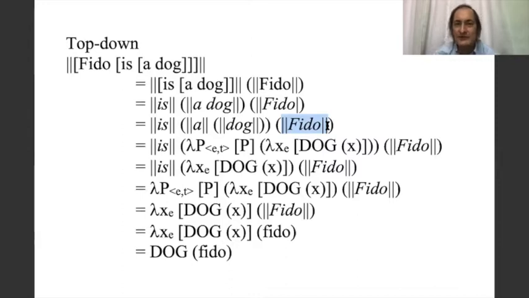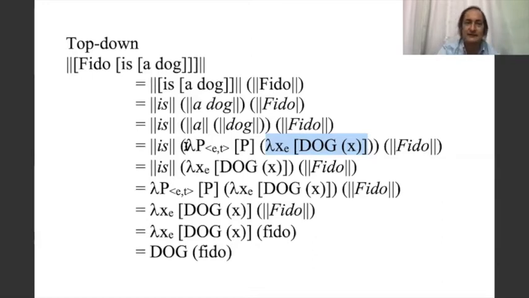And so now I'm going to start plugging in pieces. I'm taking it very slowly. It's okay to do multiple things in one step, but this makes it a little bit easier not to get lost, not to make mistakes along the way. So we'll only look at this part here. We have "is" that's translated as lambda p, p. And we have "dog" that's translated as lambda x, dog of x. Now these are two things that we can put together.